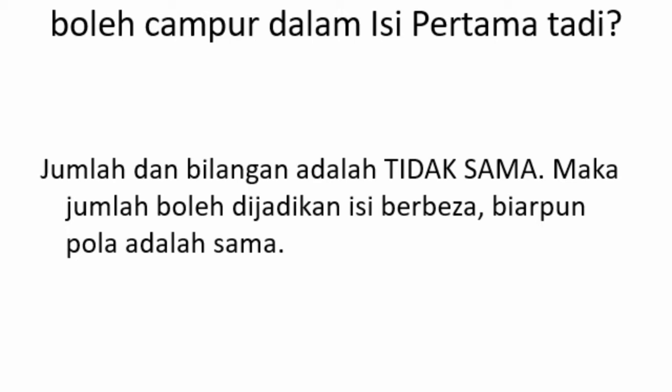Maka jumlah tak boleh dijadikan isi yang berbeza biarpun pola adalah sama. Maksud cikgu ialah jumlah jualan keseluruhan mengalami pola yang menurun, sama macam nasi lemak dan nasi campur. The problem is nasi lemak dan nasi campur is item, di bilangan, it's not jumlah. So I can make jumlah as another isi if I tak cukup isi lah.